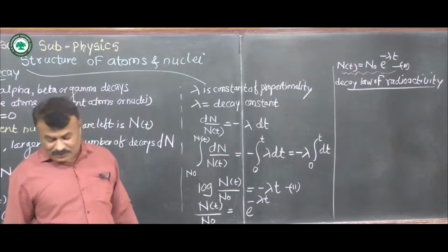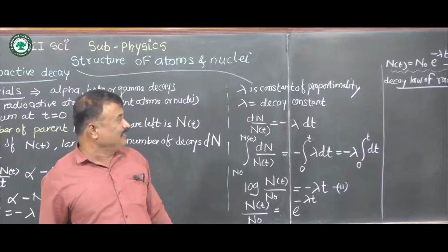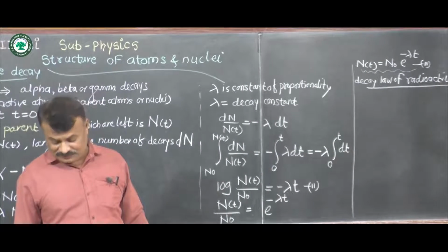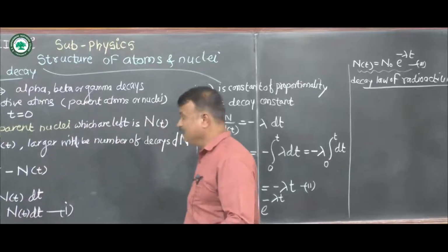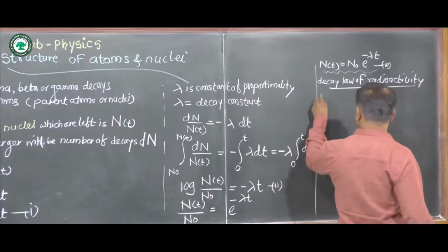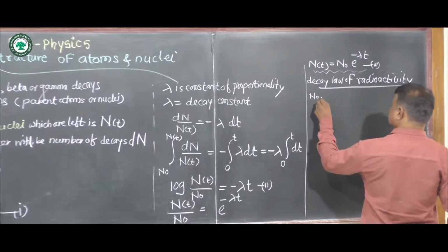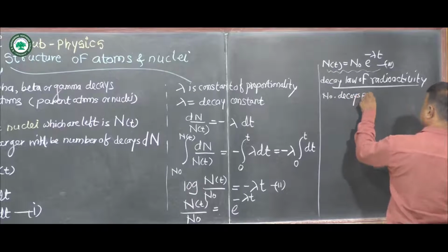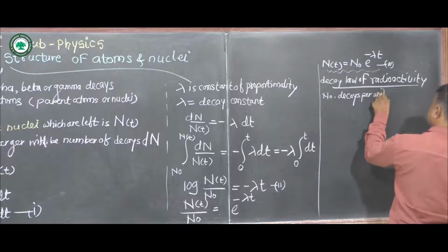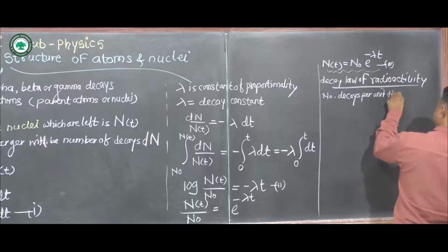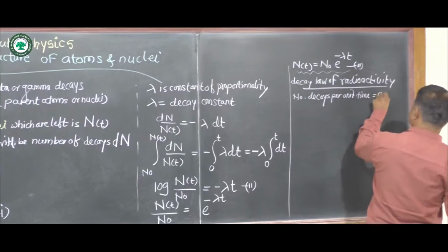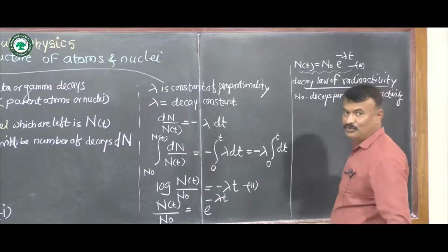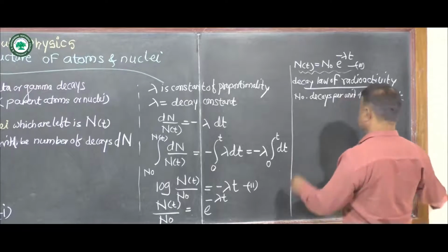Now the number of decays per unit time is called activity. Now we have to study the activity.